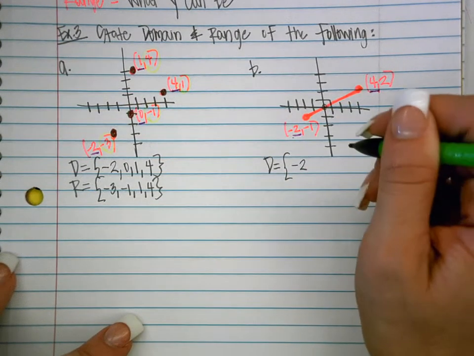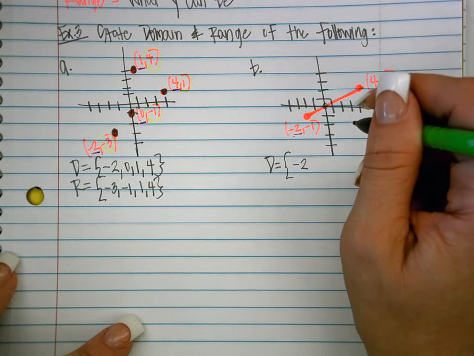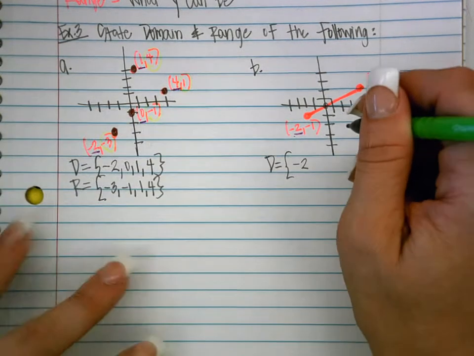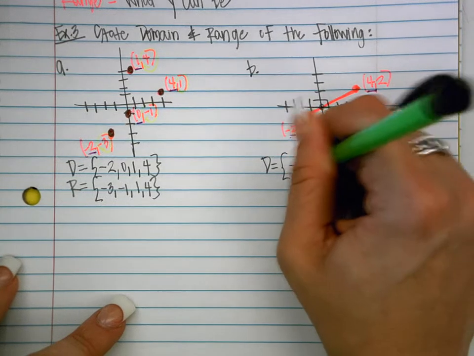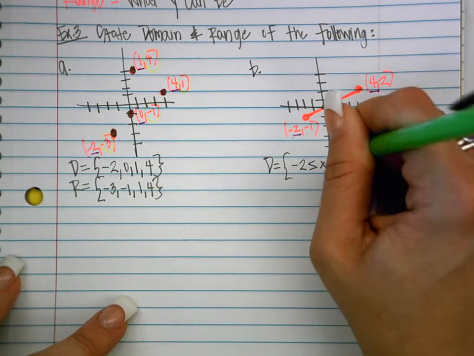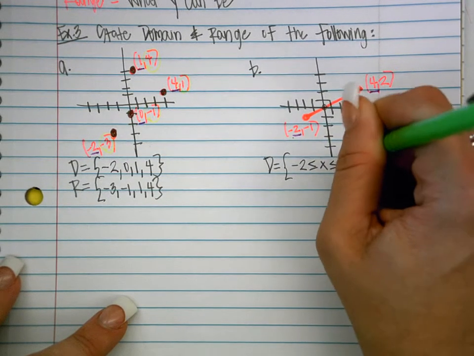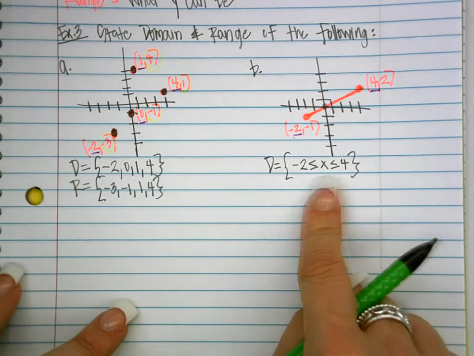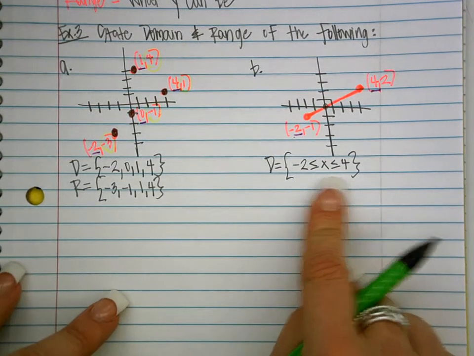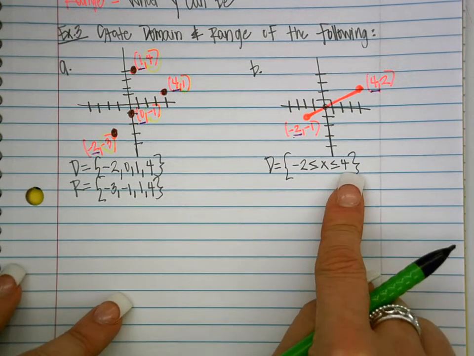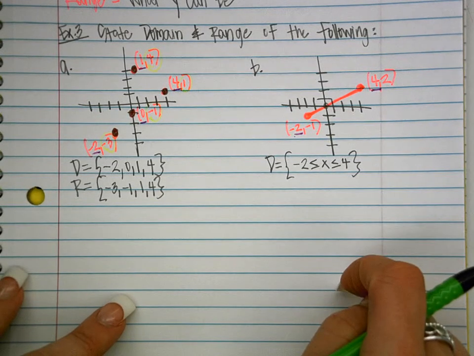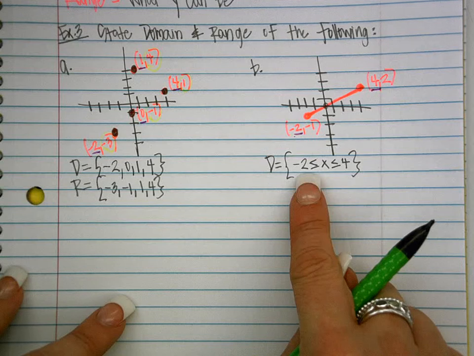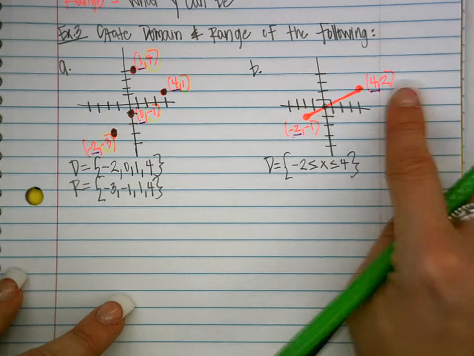But I want you to show that you know that these are x values. So basically every value between -2 and +4 should look like this. You have to write it as an inequality. So it includes -2, it includes +4, and every value in between. So every value of x between -2 and +4 is covered by this graph.